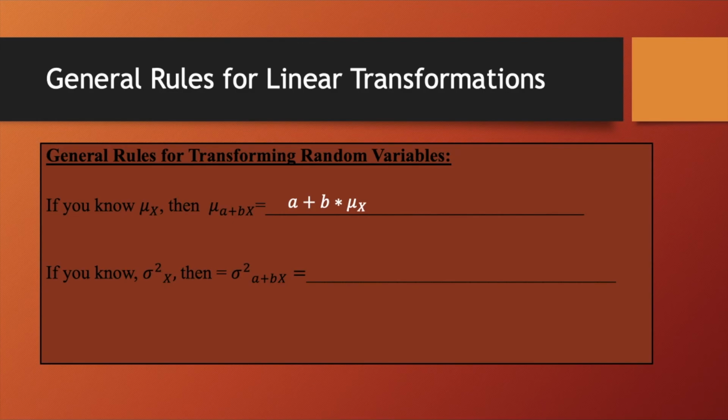So it shares the same relationship as far as the mean goes. But as far as variance goes, remember adding a constant a has no effect whatsoever on the variance. However, multiplying by a constant b means the variance is multiplied by b to the second power. So your new variance is b squared times the old variance of sigma squared.